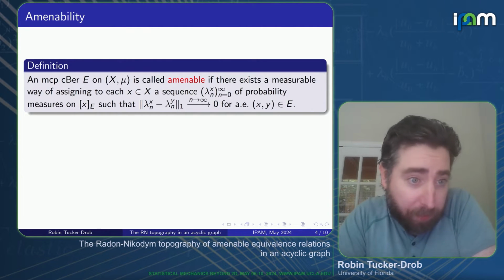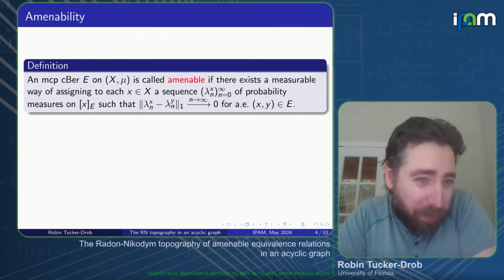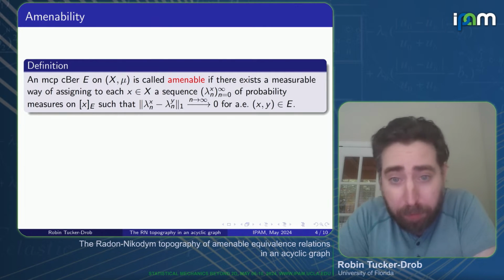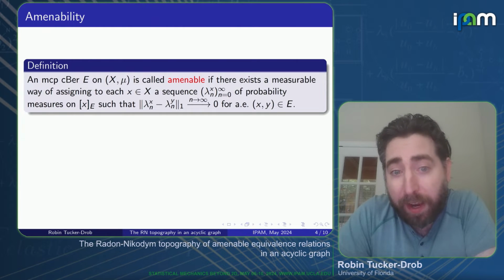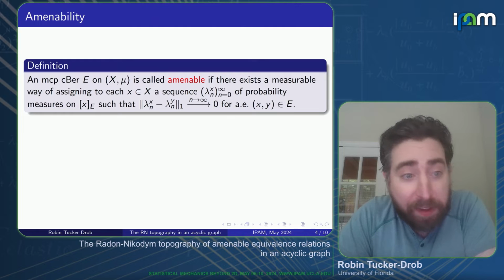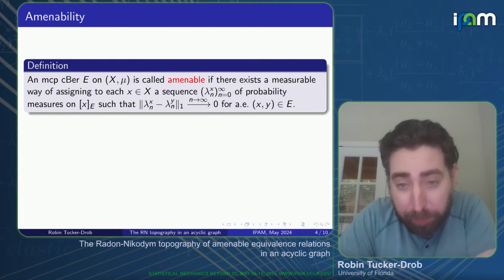So a measure class preserving countable Borel equivalence relation E on (X, mu) is called amenable if there exists a measurable way of assigning to each point in X a sequence of probability measures lambda_n^x.